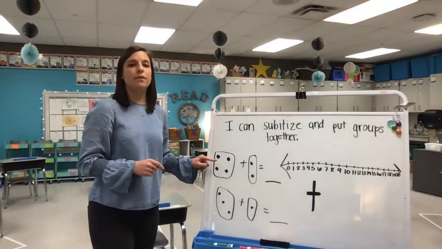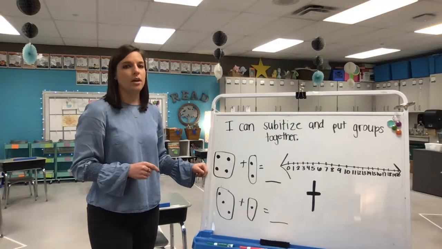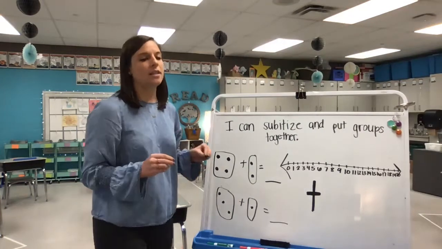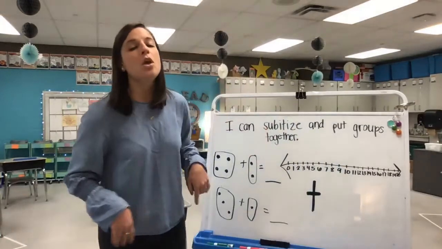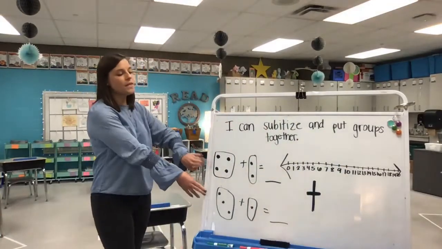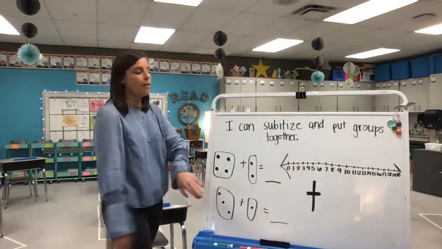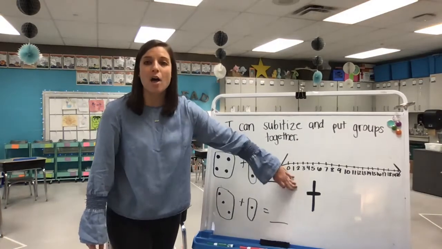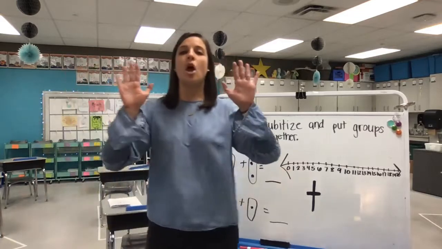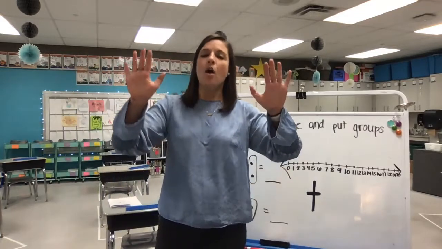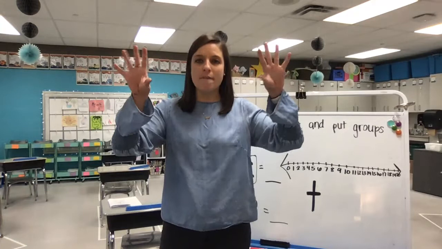We have different groups up here on the board. They're just like what's on your activity sheet. And again, we're practicing putting groups together. So we're going to look at these two examples together. But first, we're going to sing our song that helps us remember what putting groups together is. So I want you to show me both your hands. On each of our hands, we have a group of fingers.